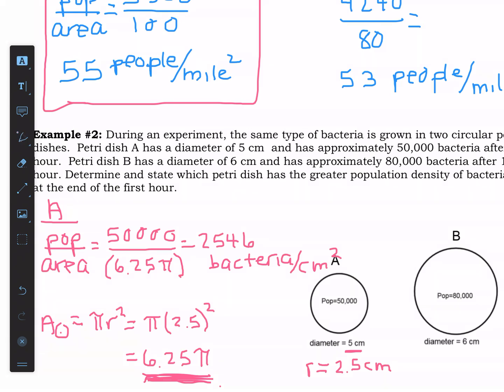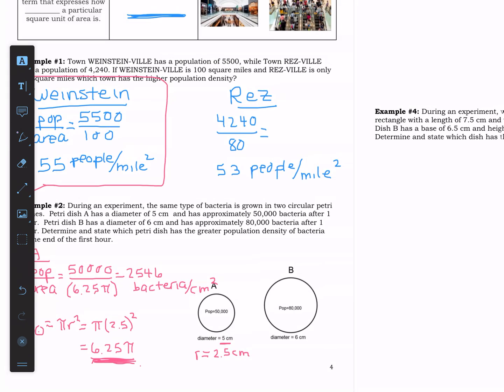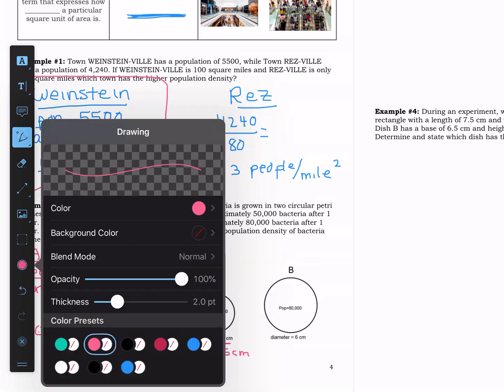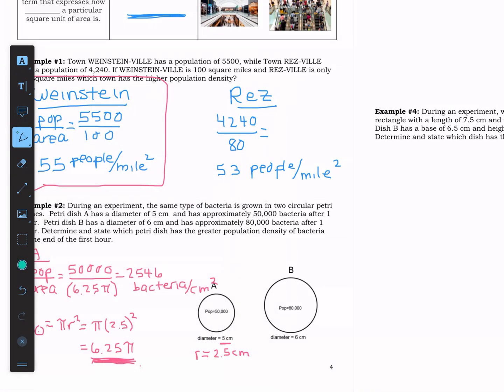All right, now we're just going to do the exact same thing for Petri dish B, and I'm actually going to write it over here just because I'm running out of space. Okay, so for Petri dish B, I'm still on this problem, just doing it over here. We're doing, again, population over area. So the population of Petri dish B is 80,000.